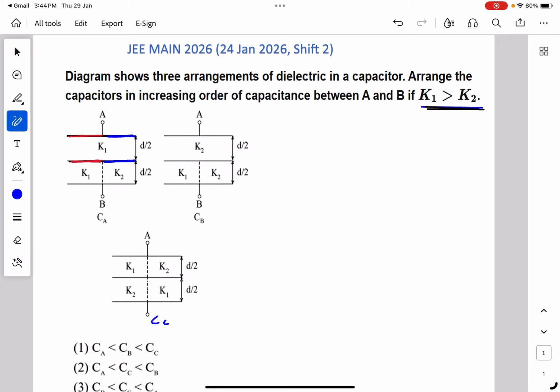So therefore we can divide this slab into two equal parts. Similarly, this slab can also be divided into two equal parts. Now let us find out the capacitance of each small box of the capacitor.